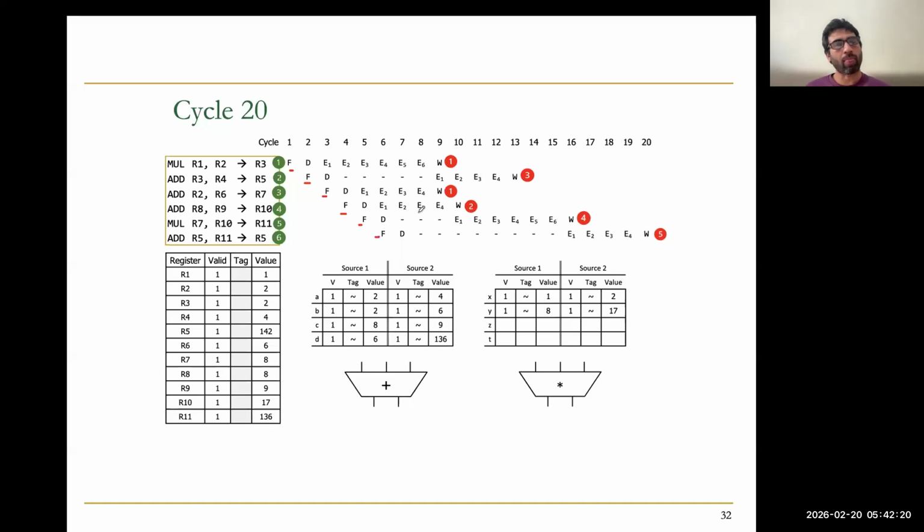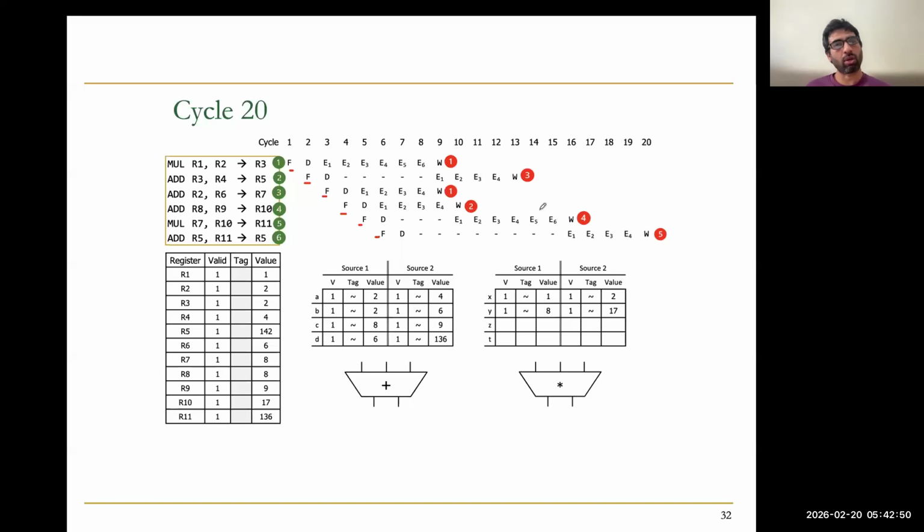However, the instructions are not committed according to the program order, and that is the requirement. What we want is to fetch and decode according to the program order. We want to execute the instructions out of order, but we want the instructions to commit, which means to write their results into the register file, again according to the program order.